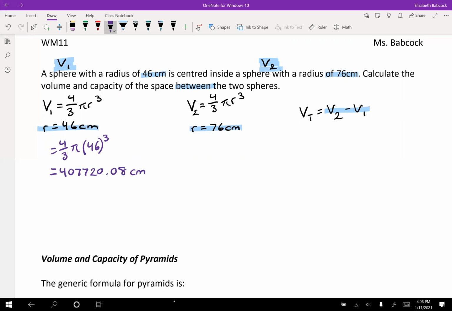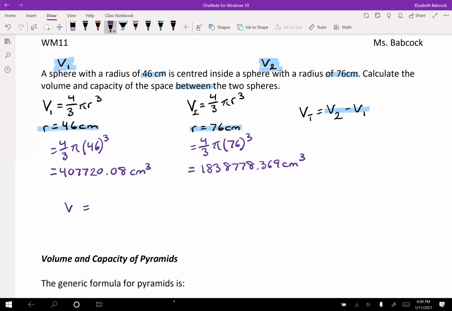So if I go through and do the calculations for each of those separately, I am doing 4 over 3 pi times 46 cubed, which gets me the large number of 407,720.08. And then I do that with my 76, which will get me an even larger number. That gets me 1,838,778.369. And to figure out the difference, one minus the other.